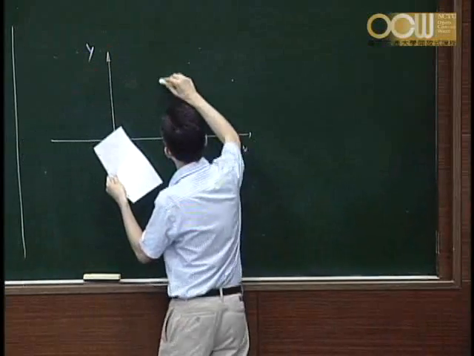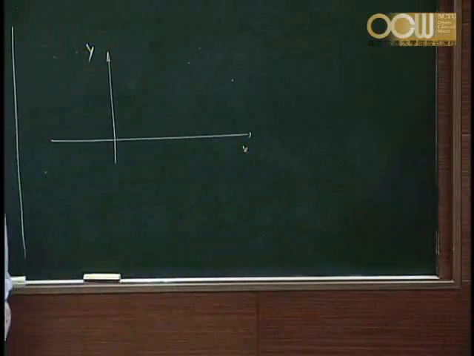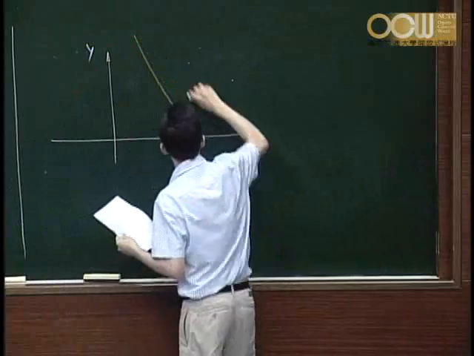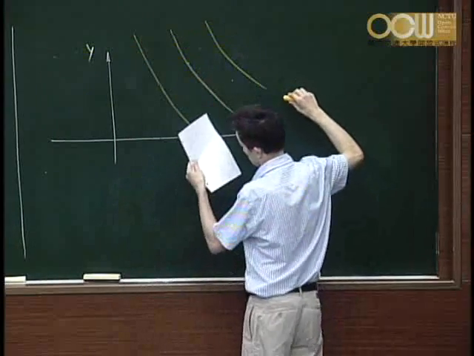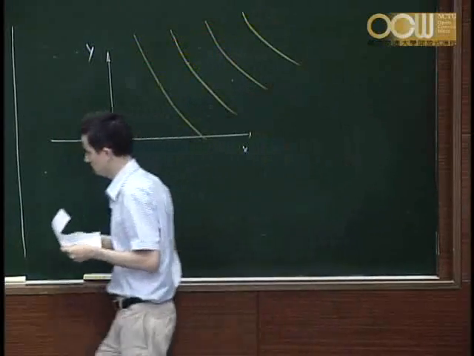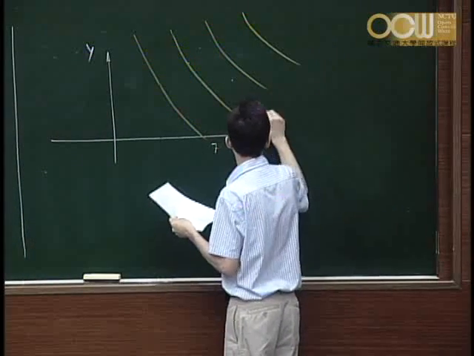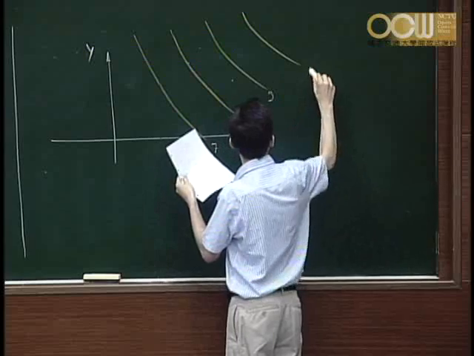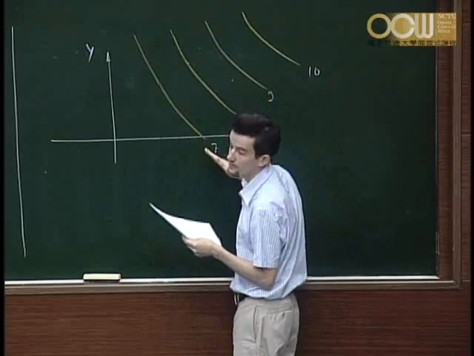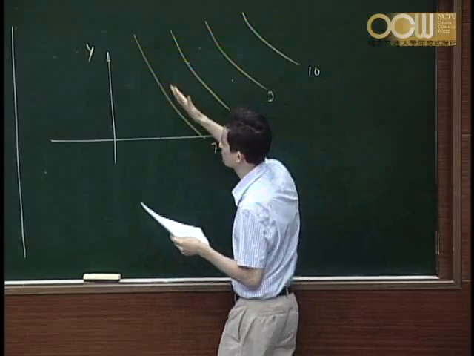This is the example more or less from the textbook. Assume that the level curves of the function are given like this here. So we have here 7, here 8, here 9, here 10. The number I write here is the level, the corresponding z value.